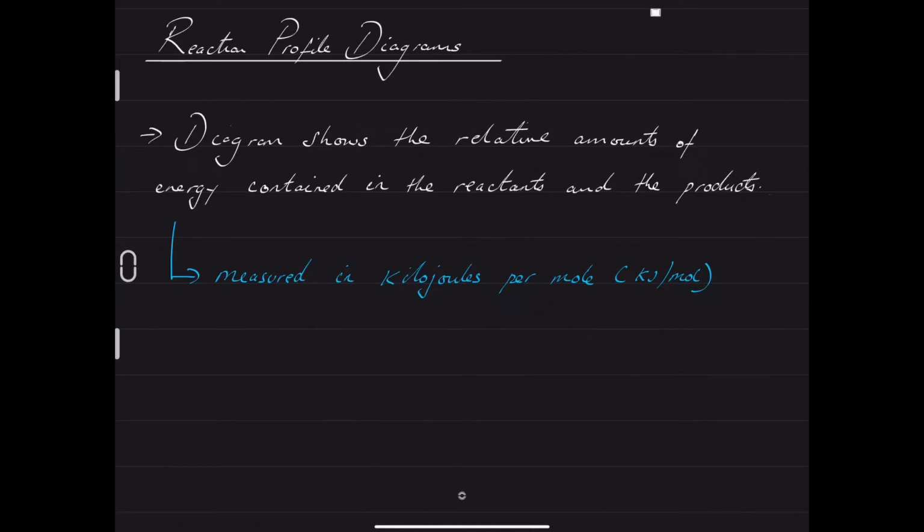And the units we're going to use to measure the changes in the relative amount of energy are kilojoules per mole. So just be aware of this. The diagrams that we're going to look at show the relative amounts of energy contained in the reactants and the products.